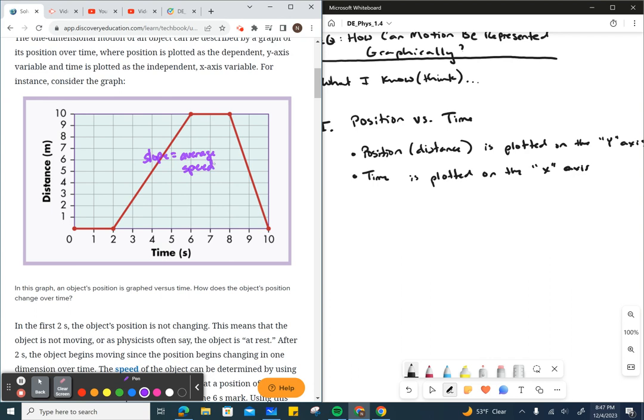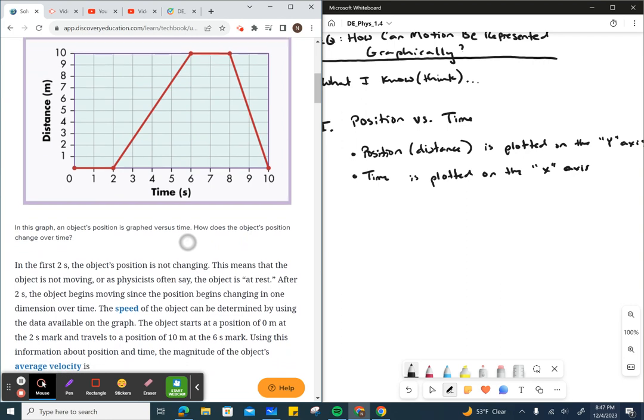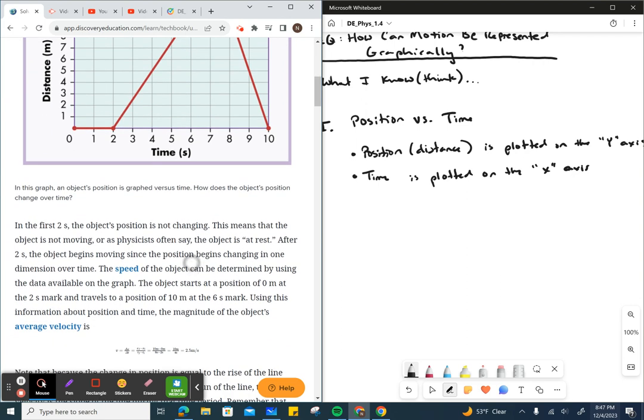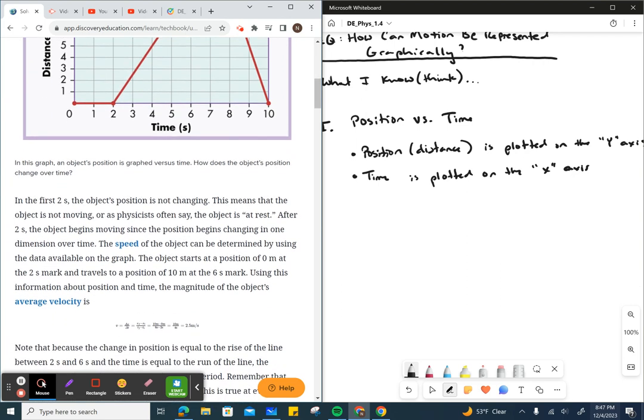That's what your slope would be in this particular case. And as you can see here, your average velocity, or speed, is your change in x, that is your change in distance, over your change in time.